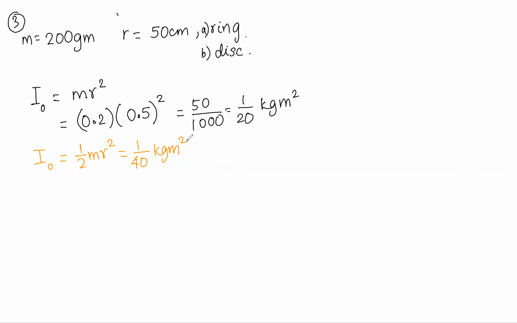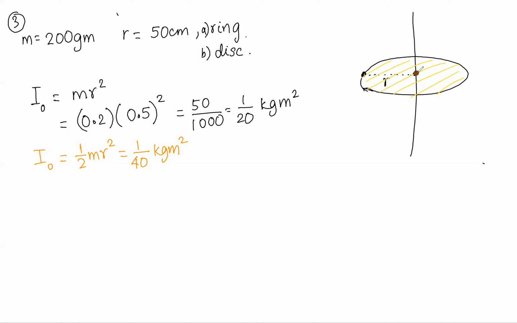See, this will make some sense to you if you think that in a ring all the masses are very far away from the axis. On a ring, all the masses are at a distance of r from the axis. But if the exact same thing was a disk, think about it. Some of the masses are at the center.